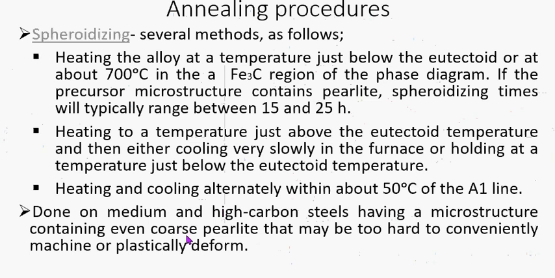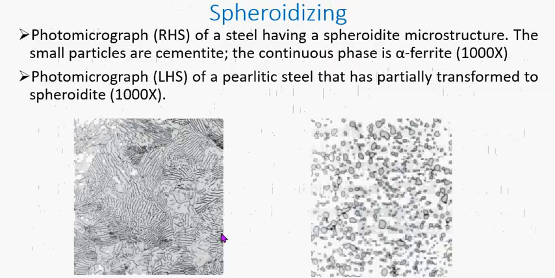Usually it's carried out on medium and high carbon steels that have also been subjected to plastic deformation. This is the photomicrograph of the spheroidized steel. You can see the background here is the ferrite, while the small spherical circles shaded are the cementite.